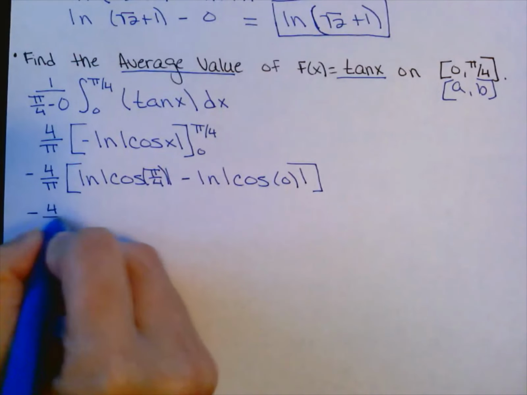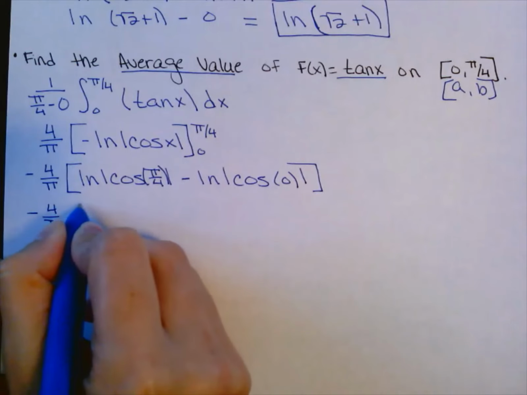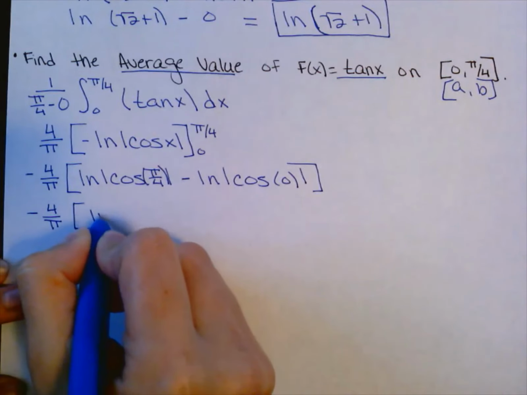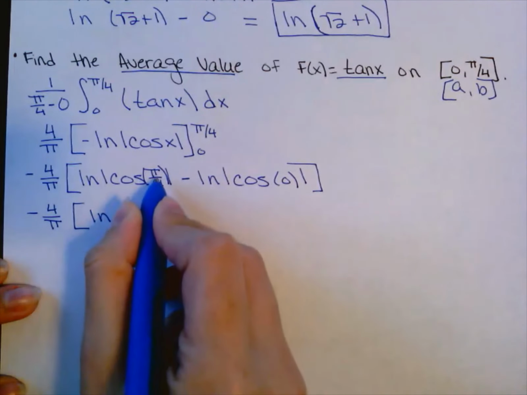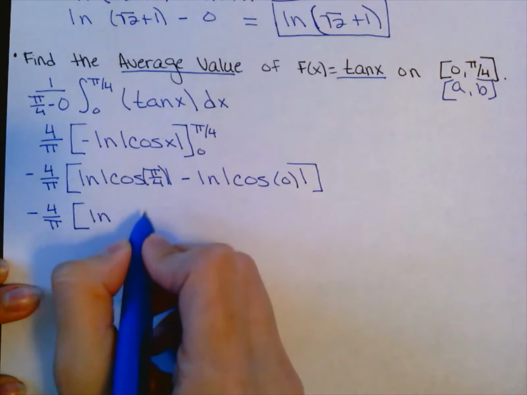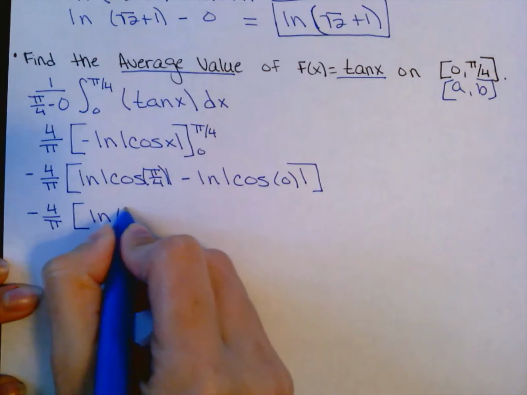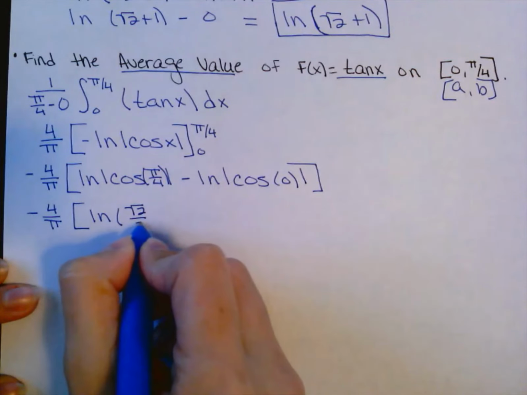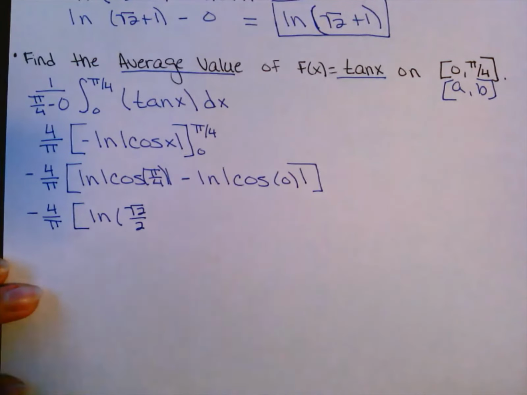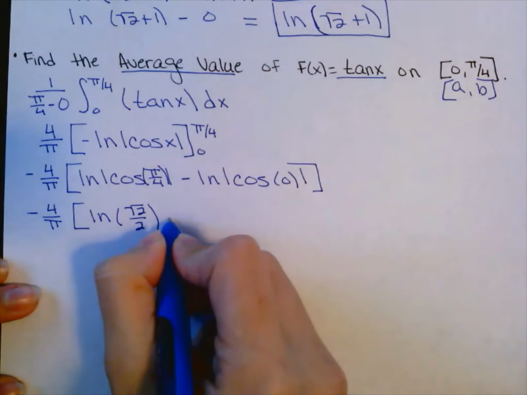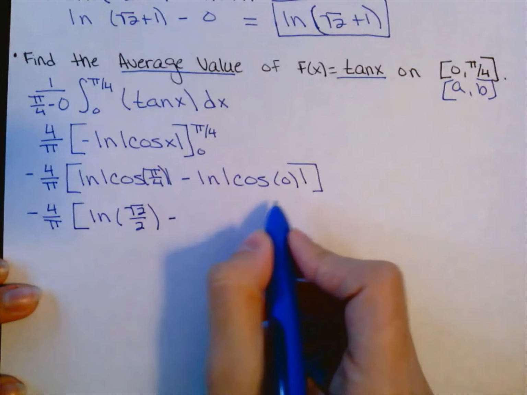Cosine of pi over 4 is radical 2 over 2. And because it's positive, I do not need those absolute value bars. Okay? And then cosine of 0 is just 1.